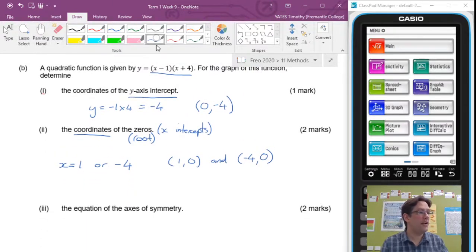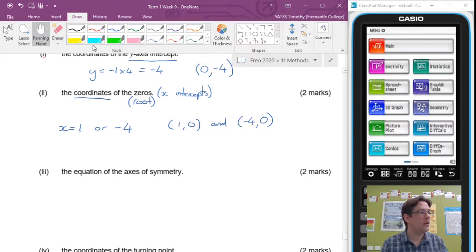What's the equation of the axis of symmetry? It's going to be a vertical line that goes halfway between the two x-intercepts. So I like to add them together and divide by 2, 1 plus negative 4 over 2. That gives us negative 3 on 2.